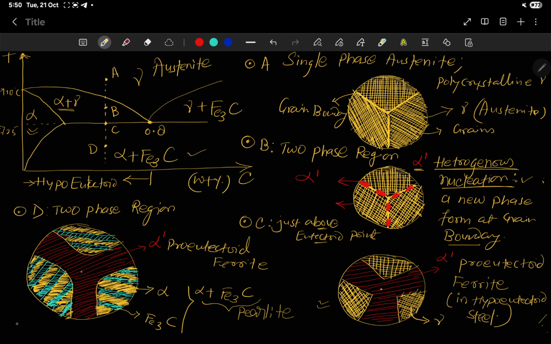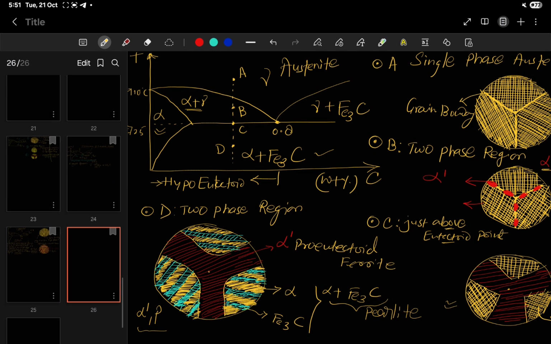At point D we will get a combination of alpha dash and pearlite, right? So this is the microstructure of hypoeutectoid steel. Now in a similar manner we will explore the microstructure for hypereutectoid steel.